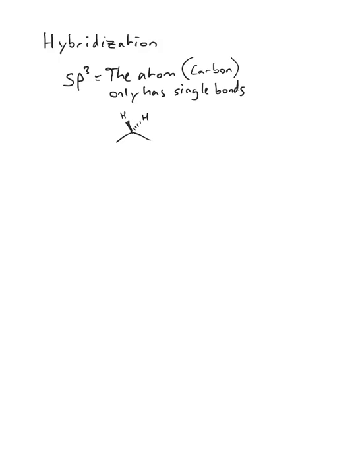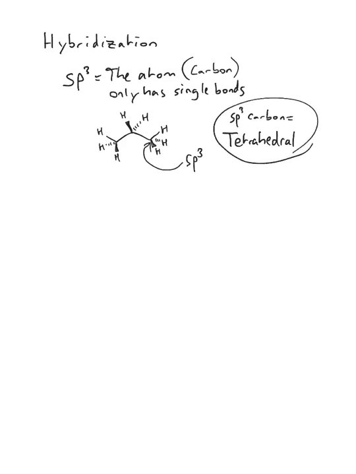We would say that all of these carbons in this system are sp3. If you need to look it up, read the textbook and go over your Gen Chem notes if it doesn't make sense. If not, come to office hours. But pretty much what you need to know is that if there are only single bonds in a carbon, we refer to it as sp3. It is also tetrahedral. So sp3 carbon is tetrahedral.